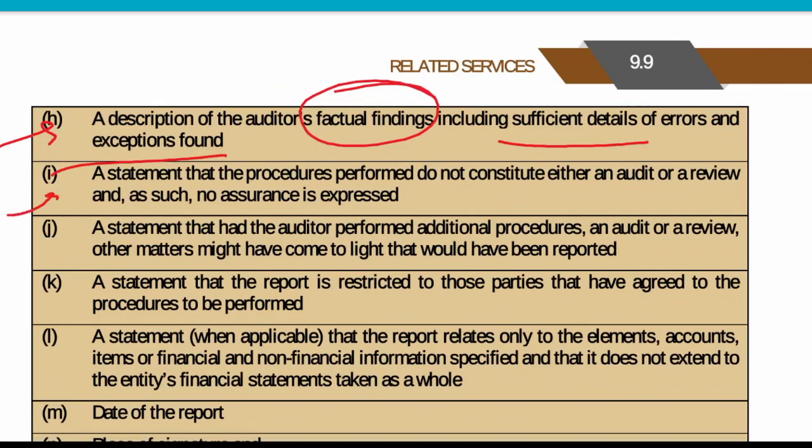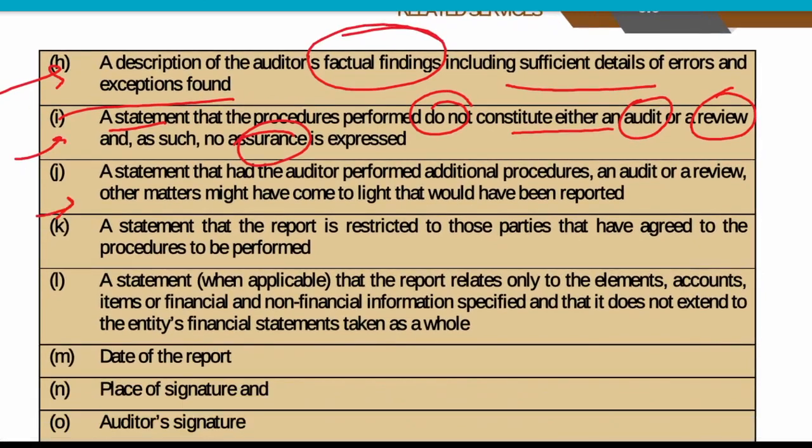And after that, a statement that the procedures performed do not constitute an audit, review, or assurance, meaning you need to make sure by your end that this report is not an audit, not a review, not an assurance. Then a statement that the auditor performed additional procedures, if any additional procedures were performed, any audit, any review, other matters that come to your mind, you need to report all the facts.